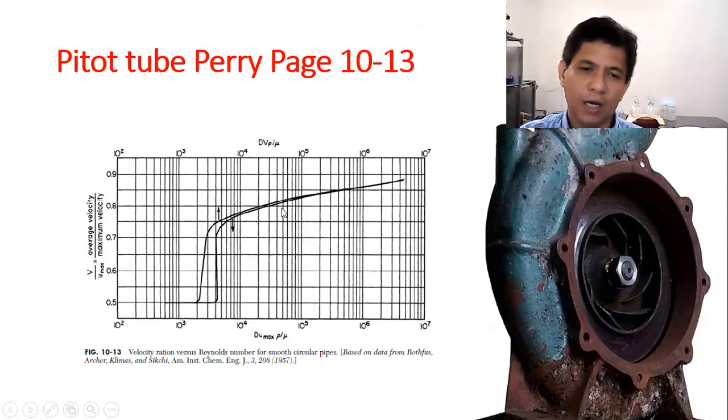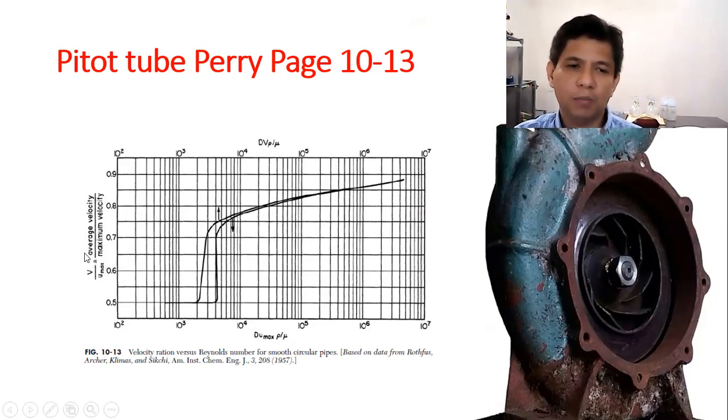After calculating that, you will get from this chart the ratio of the average velocity divided by vmax right here on the left, no? So when you get that value using the calculated vmax, you can calculate the average velocity. So from the average velocity, you can easily calculate the volumetric flow of the gas.